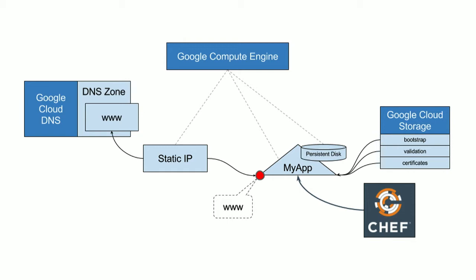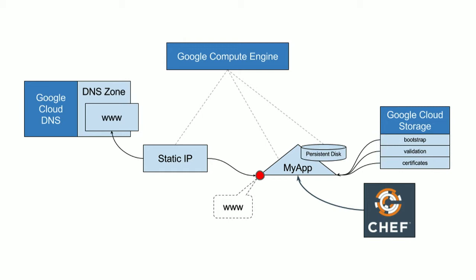For that, Google has a service where you can request an IP address. They can be global, they can be regional. You can choose how you are locating them. So I allocate one of those. I give that IP address to the machine and say, hey machine, you're going to respond to that address. And with the same address, I go back to the DNS and I register my www address with that DNS.